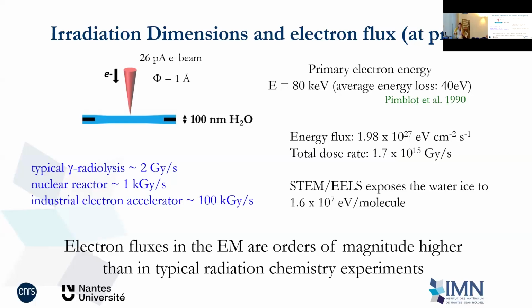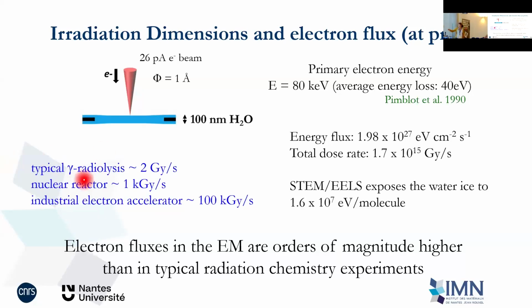All the data from the radiolysis of water and from other materials has been done with typical gamma radiolysis, accelerators that they use, and they use a magnitude called gray per second, this is real dose. We use electrons per nanometer squared per second. And this is a fluence, it's not really a dose. We call it dose in the electron microscope, but it's not a dose because it doesn't take into account the absorption of the material. But yeah, I didn't put the equation, sorry.